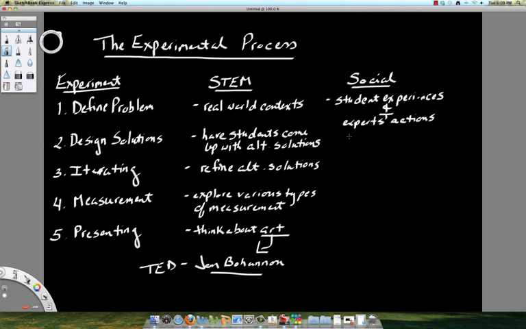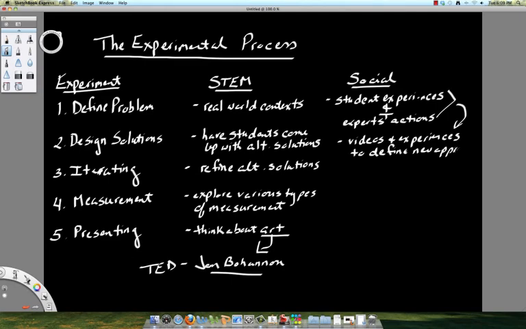In designing solutions, we want to think about how to share project videos, experiences, and develop new approaches. So I'm going to put down videos and experiences that either the students have or the experts have to define new approaches.